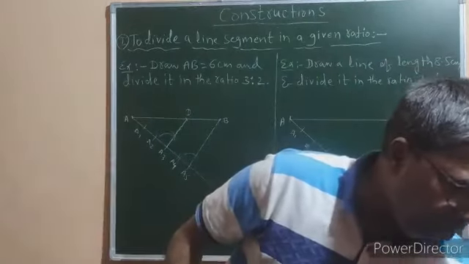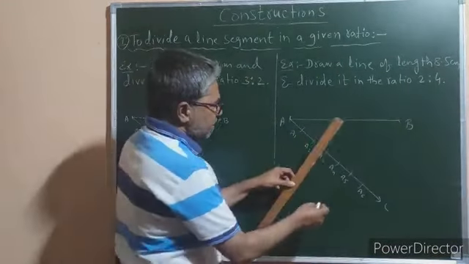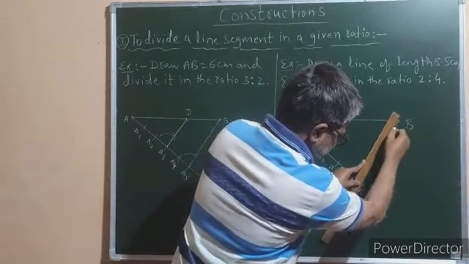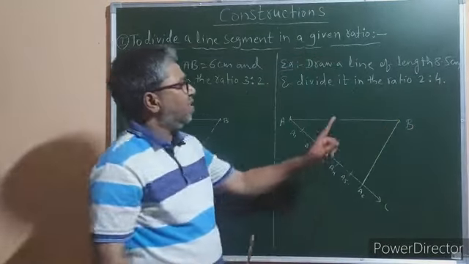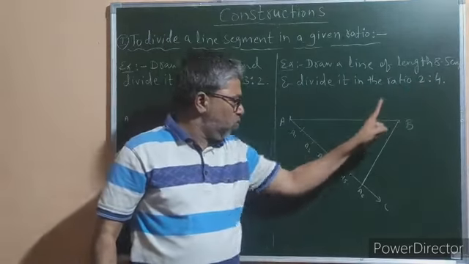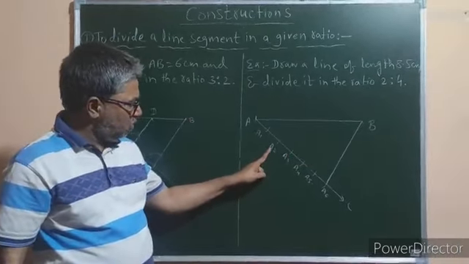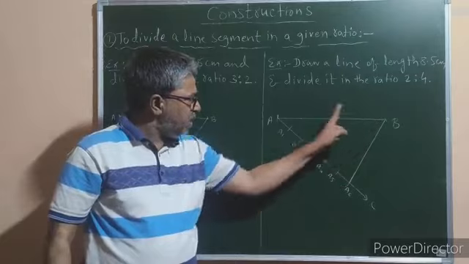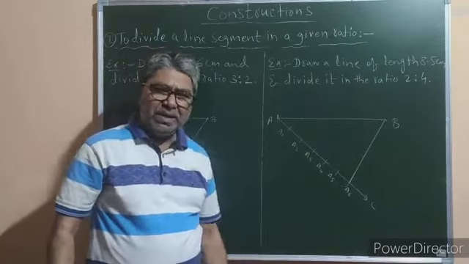The next step is you have to join A6 and B to get a line segment A6B. Now the first term of the ratio given is 2. 2 refers to A2. So from A2 you have to draw a line parallel to A6B to this line segment AB.